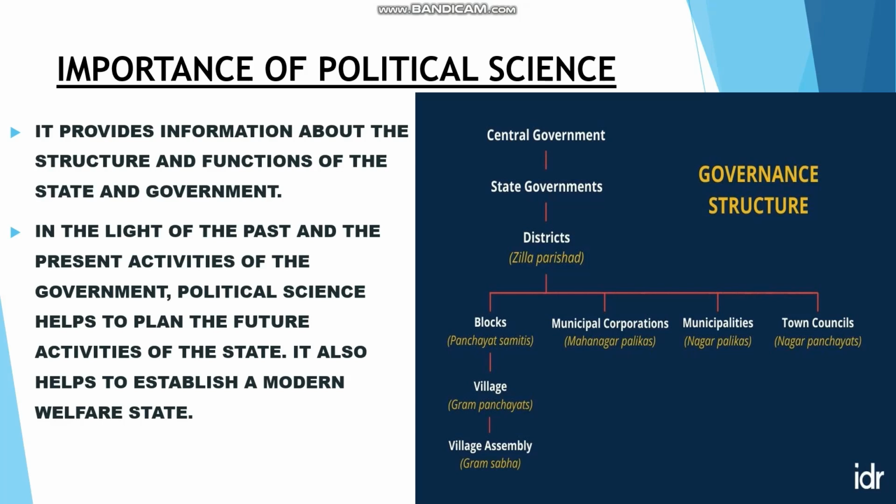Next, political science provides information about the structure and functions of the state and government. You can see the structure of the government of India. Under the control of the central government, the country functions. Under the central government are the state governments, which are responsible to the central government. Under the control of the state government, districts are there. The district controls blocks, municipal corporations, municipalities, and town councils.